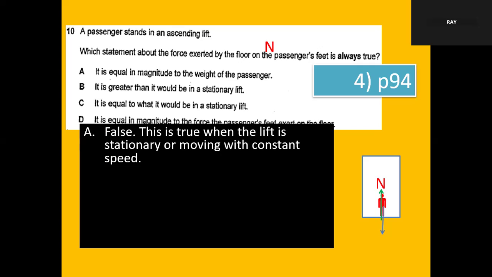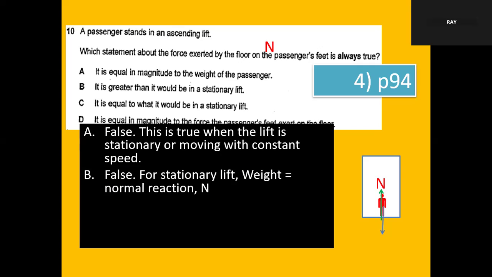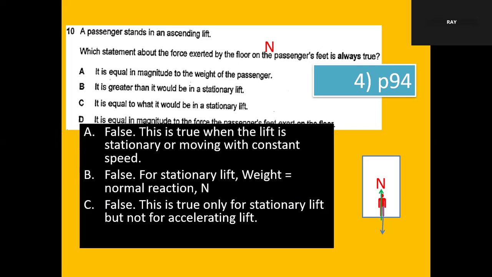Is greater than it would be in a stationary lift. False. In the stationary lift, weight equals normal reaction, no? Is equal to what it would be in a stationary lift. False. Is true only for a stationary lift, but not for an accelerating lift. Is equal in magnitude to the force the passenger's feet exert on the floor.